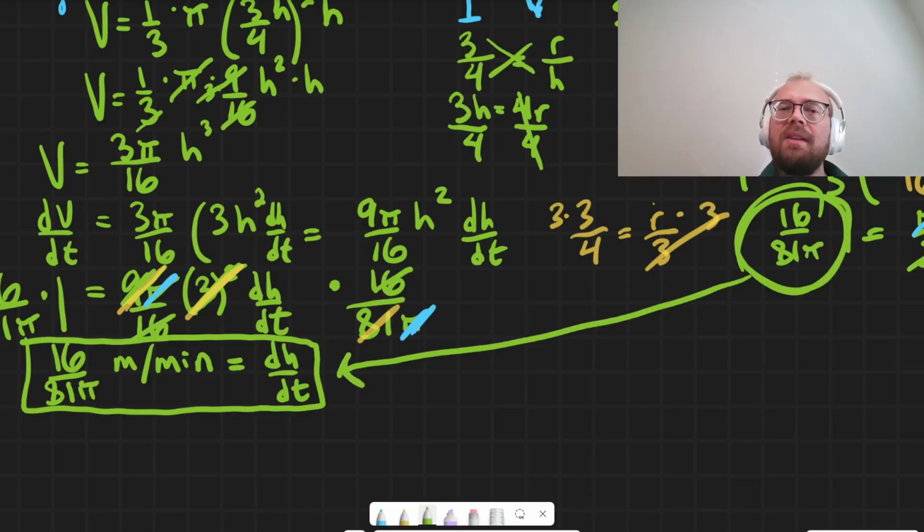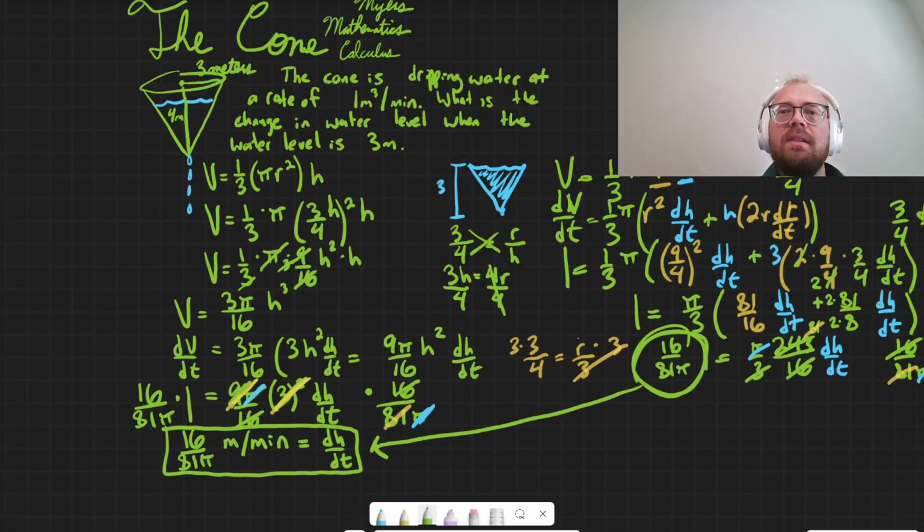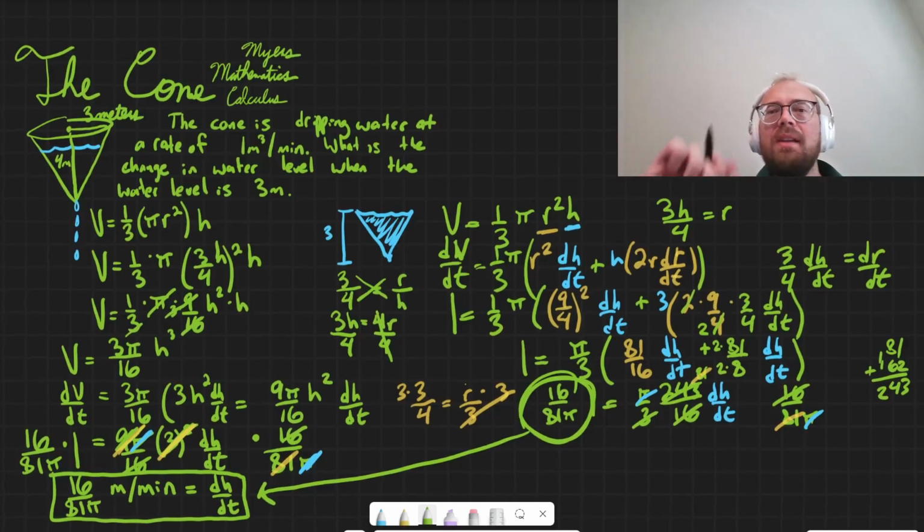So the way that it's normally done is typically the faster way to do it. However, if you forget to consolidate the radius and the height, then what you end up having to do is this other method. So it's kind of like a backup method.